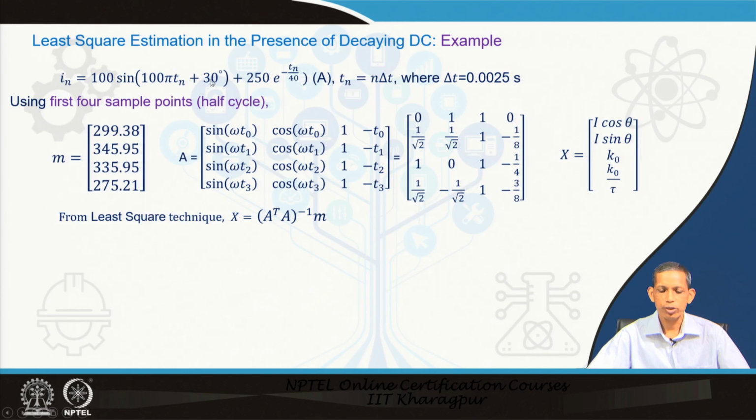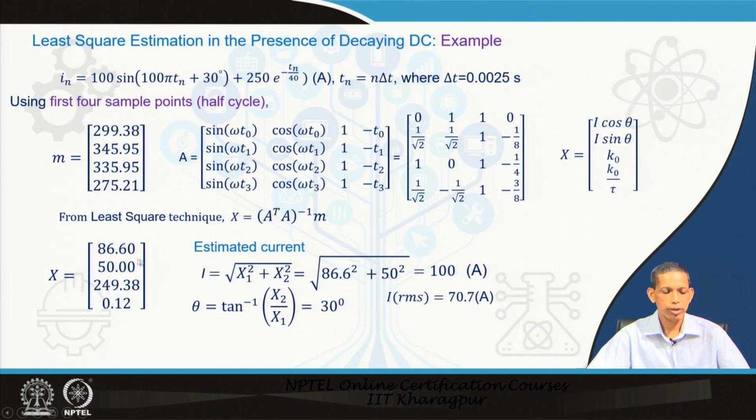So the A matrix obtained becomes this from the time information, and then the 4 unknowns are to be computed. From the least square we apply this formula, and we estimate x to be these 4 values.